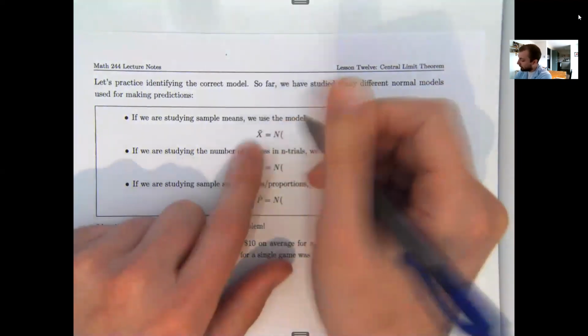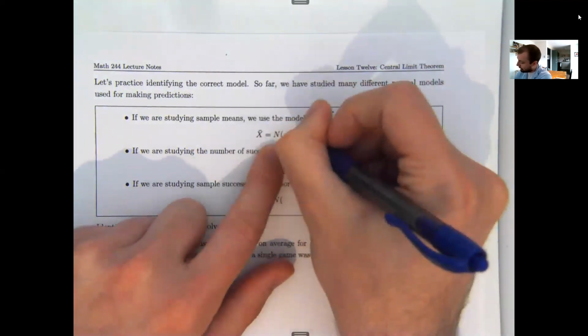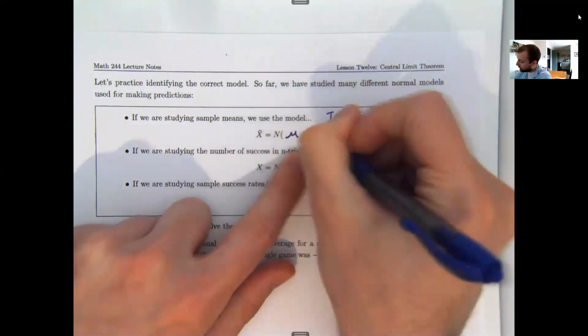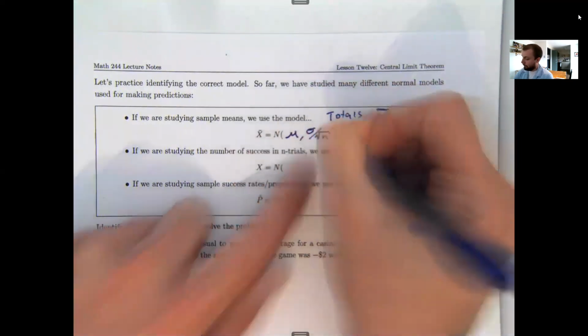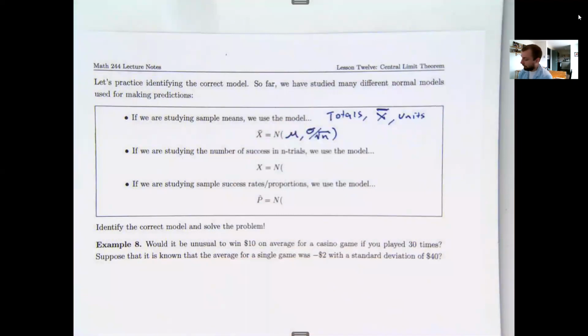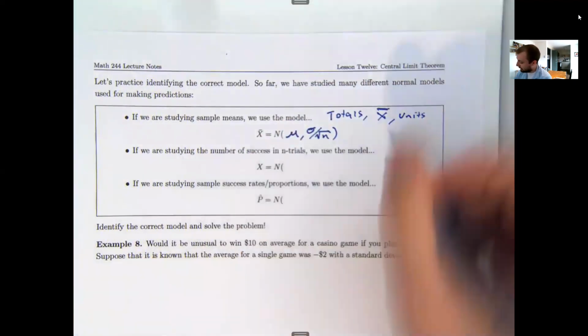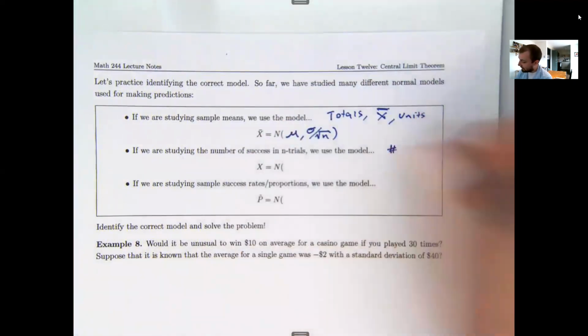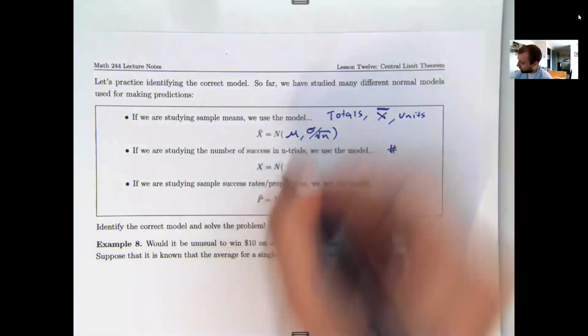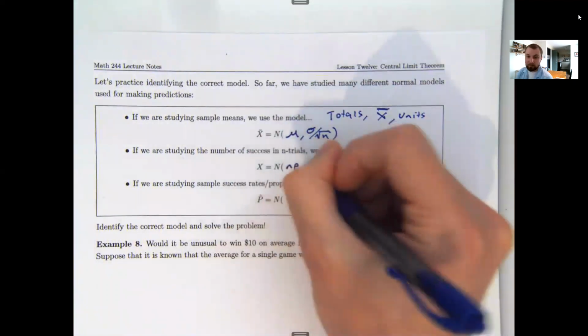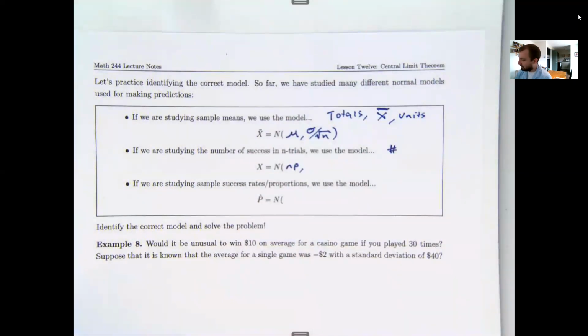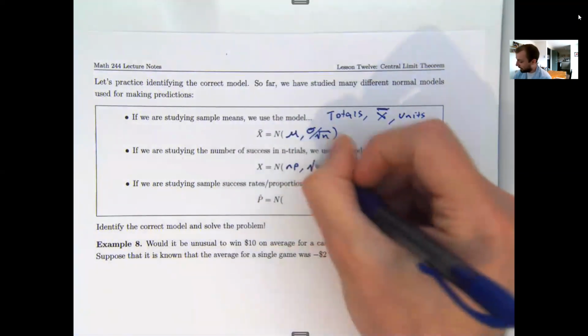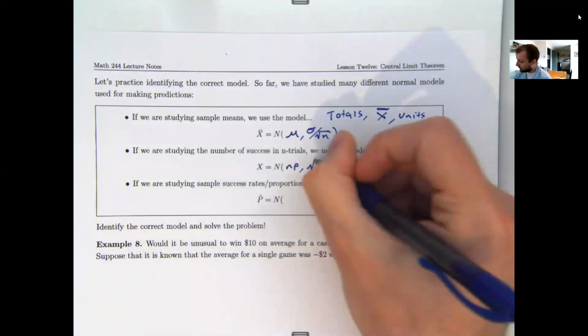An x bar is normally distributed with the center of mu, and a standard deviation of sigma over the square root of n. If I'm looking at number of successes, so if I'm dealing with something that I can count, then my center is n times p, and my standard deviation is the square root of n times p times q.